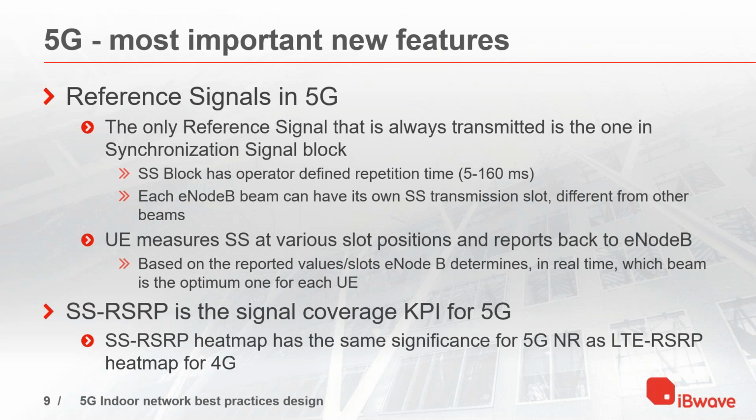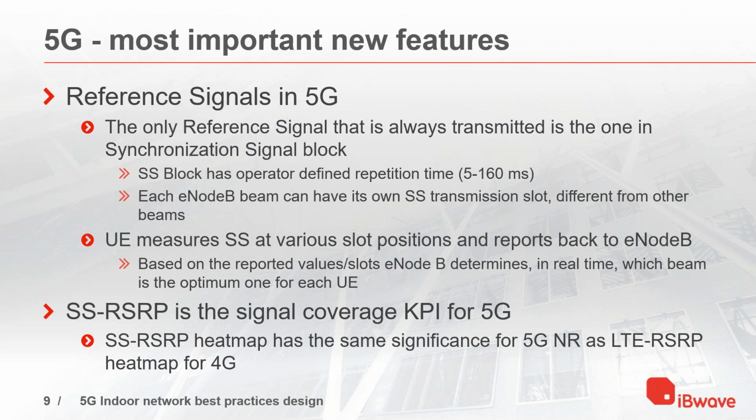And as I mentioned, the only reference signal that is always transmitted is the one in the synchronization signal block. So this is SSRS. And the synchronization signal block has an operator-defined repetition time. When I say operator-defined, basically you have to define that as a network operator.